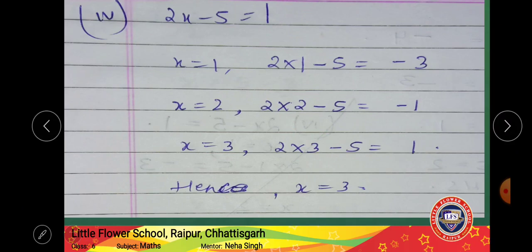Again putting the values x as 1, 2 and 3 and checking. We get the RHS when we put the value of x as 3. So from this we can find the solution, that the value of x for the given fourth question is 3.